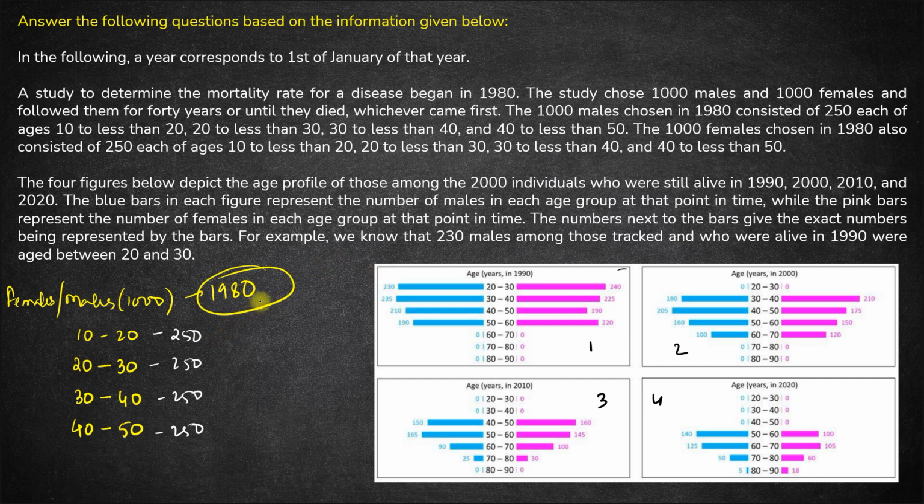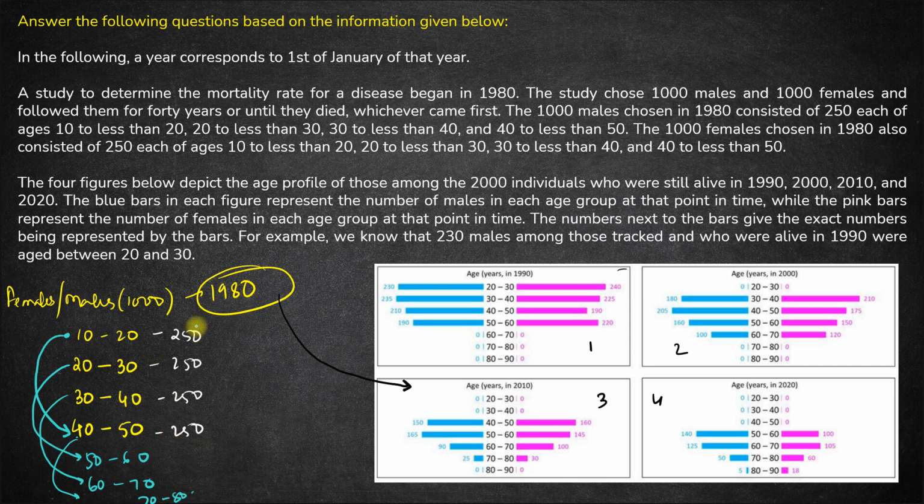Similarly, if you go from 1980 to let's say 2010, right? So what happens is all these people who were in the age bracket of 10 to 20 in 1980, by 2010, so we are talking about 3 decades, they should move 1, 2, 3 decades: these people will move on to the age bracket of 50 to 60, these to 60 to 70, and these 250 people should move on to the age bracket of 70 to 80, right?